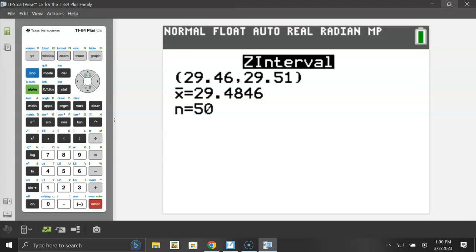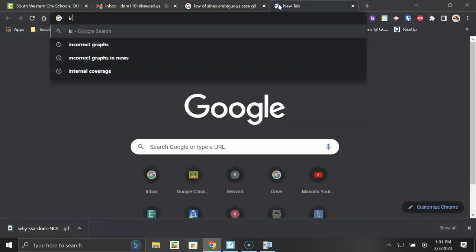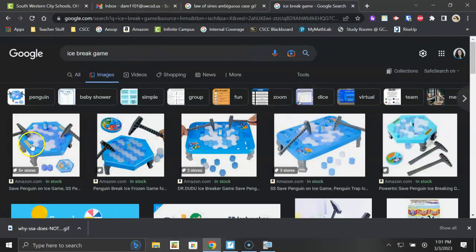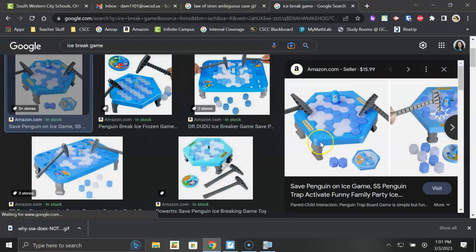But you've never seen this game? Okay. That could make a difference. Hang on. This game? So these are hexagon ones, but they make them with rectangular ones as well. So basically the entire purpose behind this is you place the penguin somewhere, and you and the person across from you spin the spinner so you know how many ice cubes you have to break by certain colors. And your goal is to break the ice cubes out of the ice, but not drown the penguin.